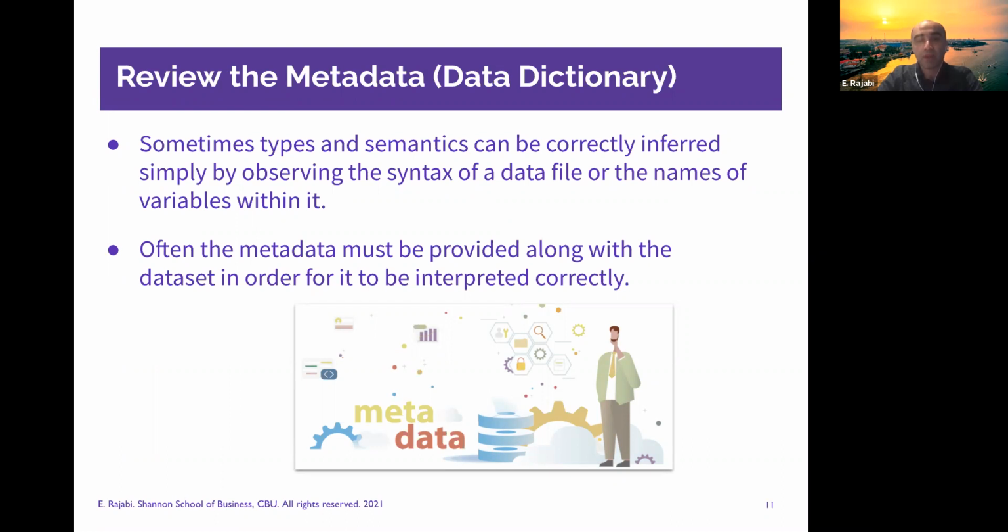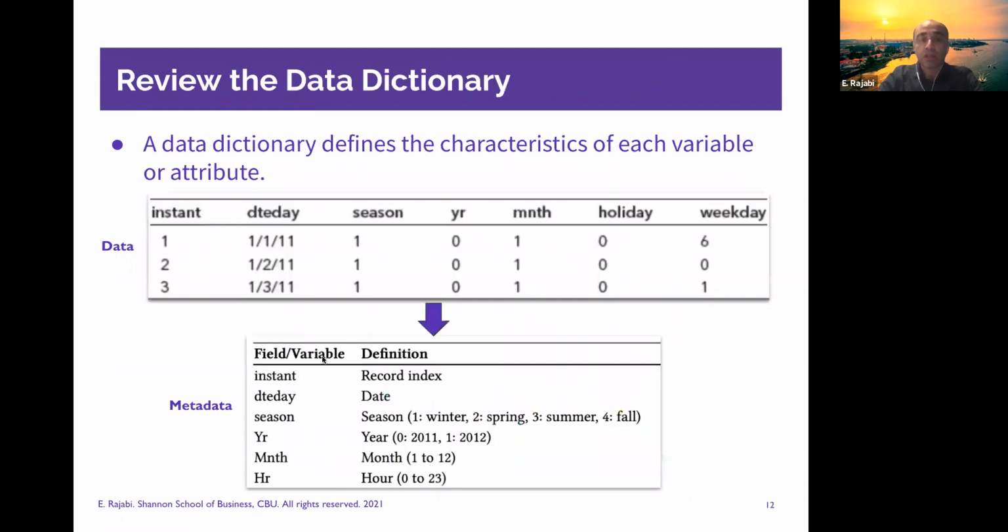Sometimes types and semantics can be correctly inferred from the columns that you have, sometimes not. Metadata must be provided with any data set because it's not obviously clear from the columns and the fields, the concept or semantics. For example, if we have this table of data, when we have season, we don't know what are the data range that exist in season or what each column means, right?